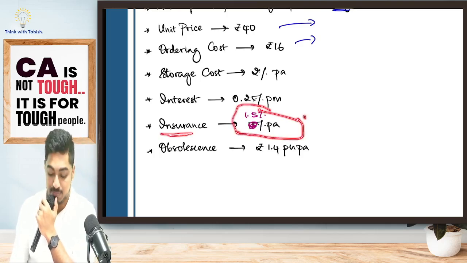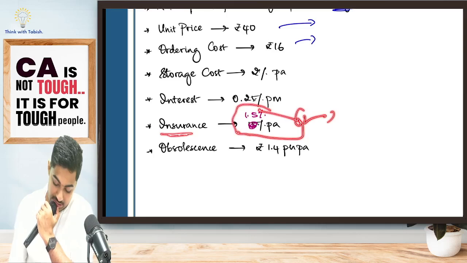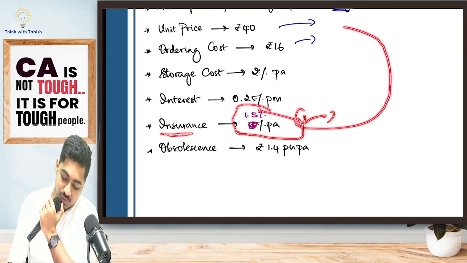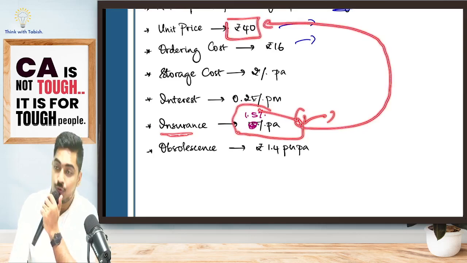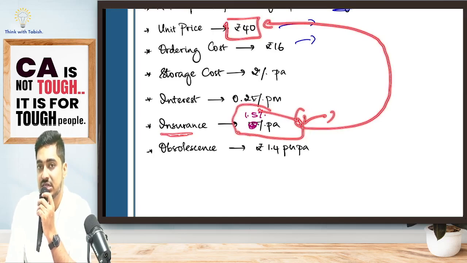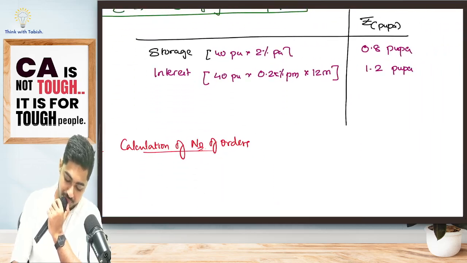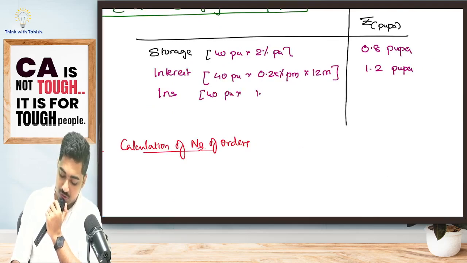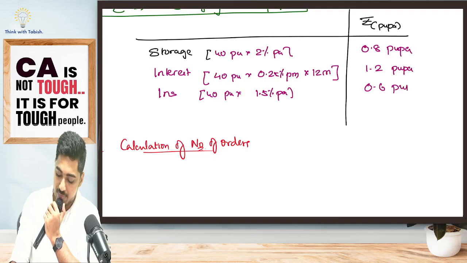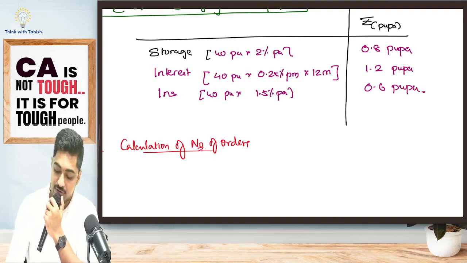I also want per annum. So, no tension. 1.5 percentage is on which amount? On my purchase price. So, 40 into 1.5 percentage. Is it 0.6? Yes or no, everyone? Perfect. So, insurance is going to be 40 per unit into 1.5% per annum. Is it going to be 0.6 pupa? Yes or no, everyone? Perfect.